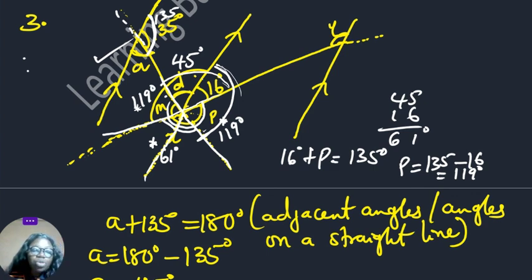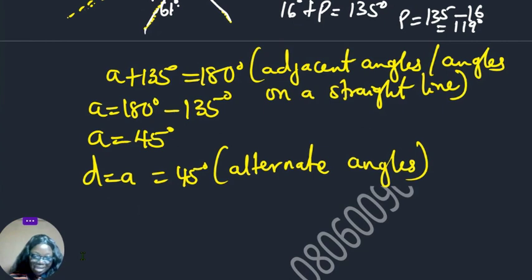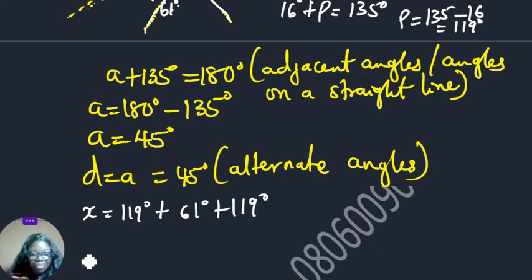So now we should be able to get the answer for X. We'll be adding up 119 degrees plus 61 degrees plus the other 119 degrees, and that will give us the totality of angle X. So angle X is equal to 119 plus 61 plus 119 degrees.